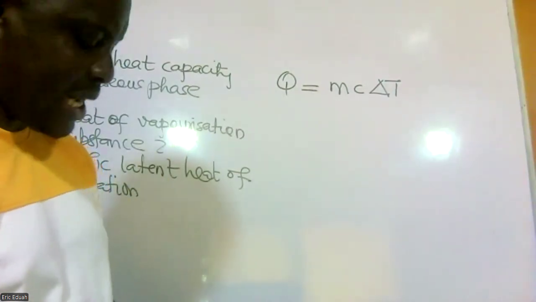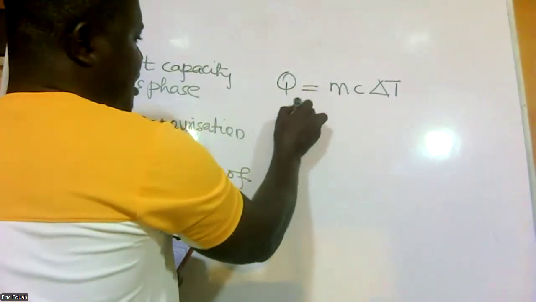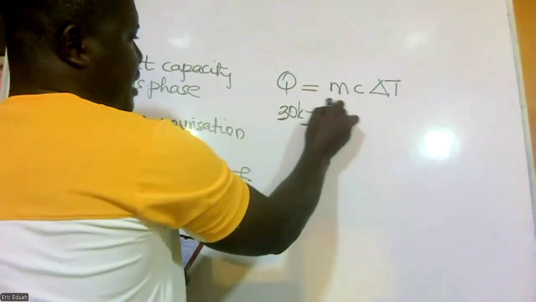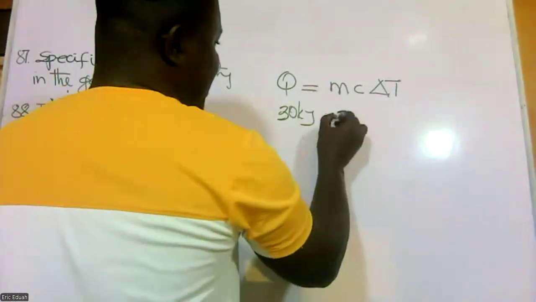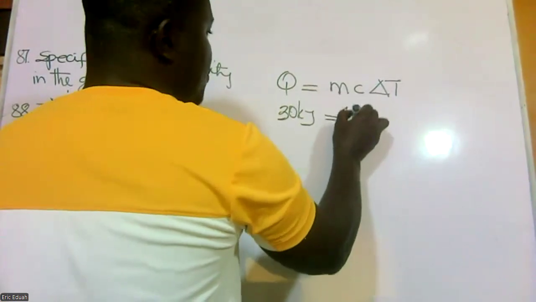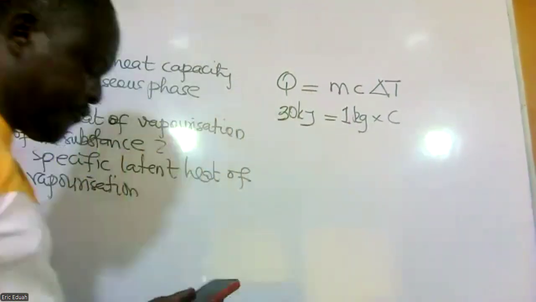So the total energy used there is 30 kilojoules. So 30 is equal to the mass of the substance, which is 1 kilogram, times C, which we are looking for.